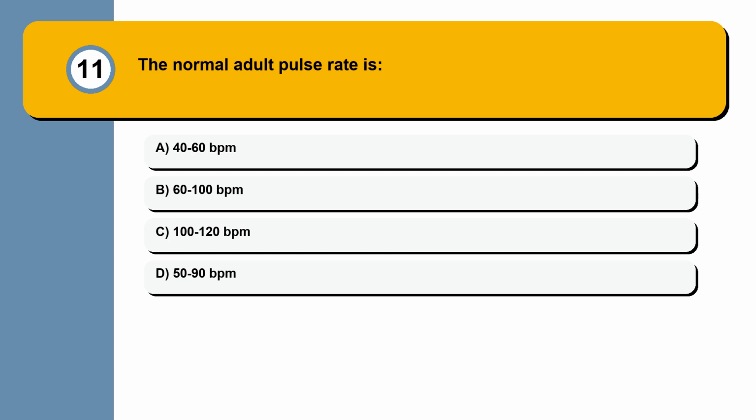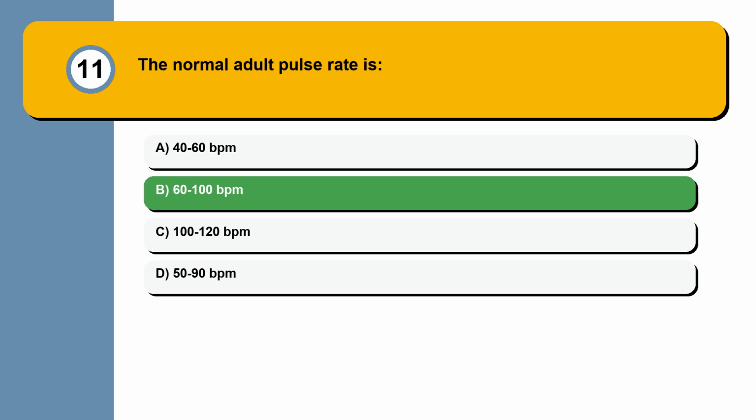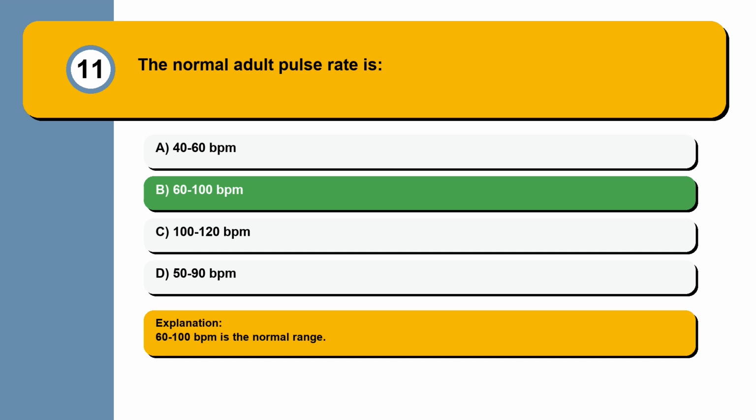Question 11. The normal adult pulse rate is 40 to 60 bpm, 60 to 100 bpm, 100 to 120 bpm, 50 to 90 bpm. 60 to 100 bpm is the normal range.